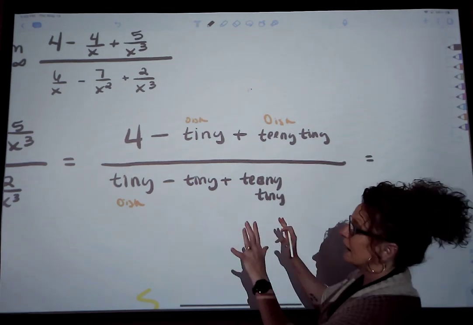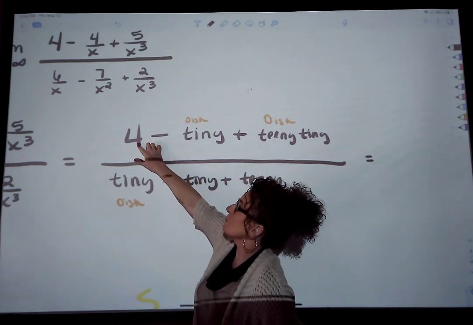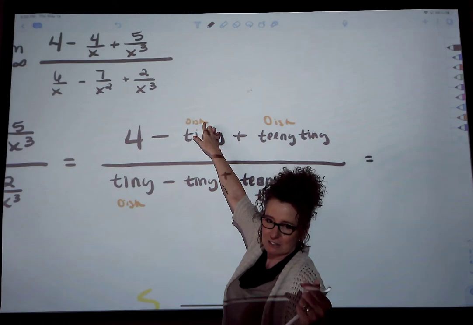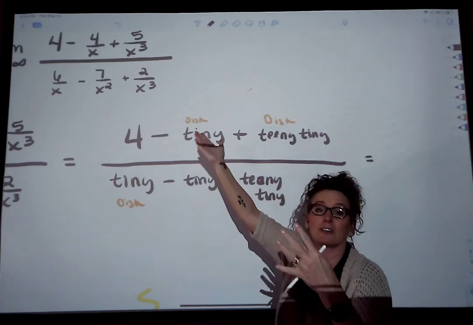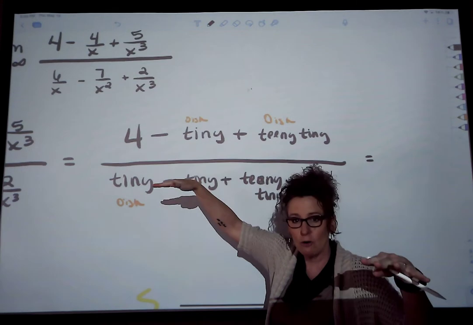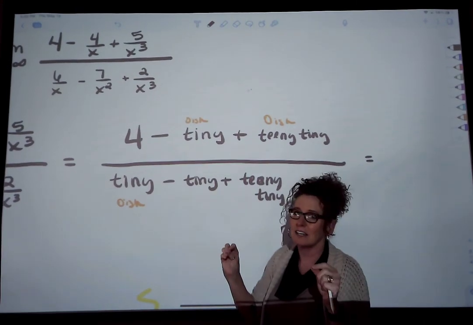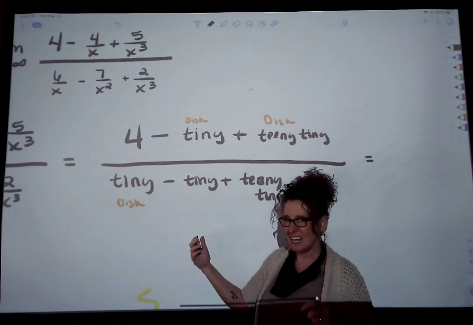Now, what is all this? Well, the numerator: 4 minus whatever, it's so small it's irrelevant, plus whatever, it's so small it's irrelevant. So let's call it 4. 4 over 0? No, not exactly. 4 over something tiny.